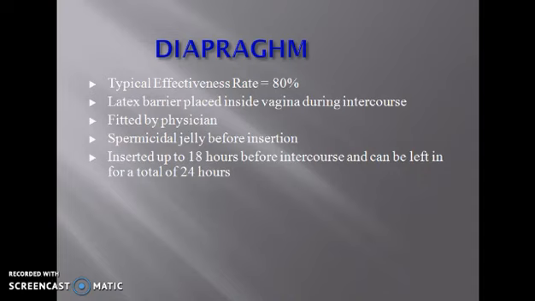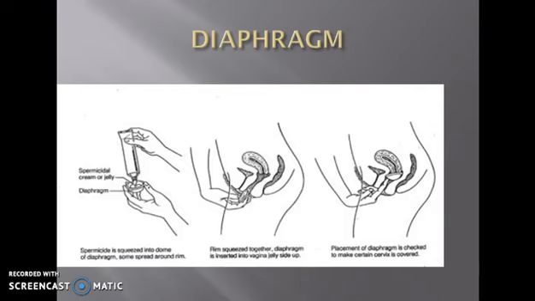So we need to use spermicide jelly before you insert the diaphragm, and then it is inserted up to 18 hours before intercourse, and can be left in for a total of 24 hours. So the diaphragm can be inserted 18 hours before intercourse, and you can leave it for 24 hours before you remove it.